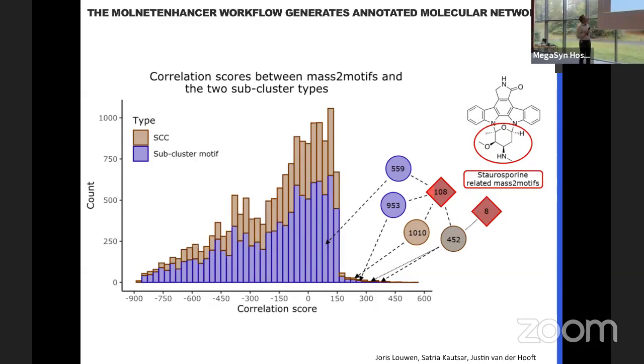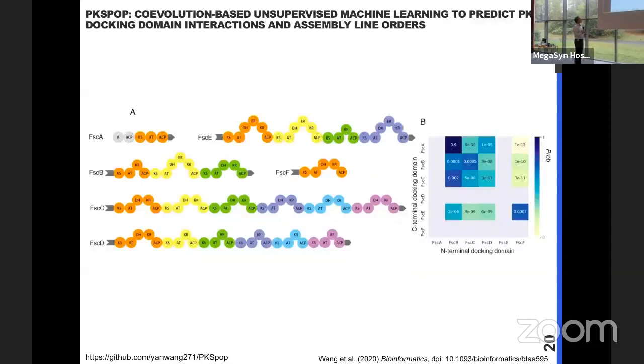Like if we have a subcluster, for example, for this sugar moiety, do we find that co-occurring with motifs and patterns in tandem mass spectral data, which are also related to making a certain sugar, for example. And in this way, we hope that we're able to also link these patterns of co-occurrence in gene clusters and these motifs of genes in gene clusters with motifs from mass spectral data.